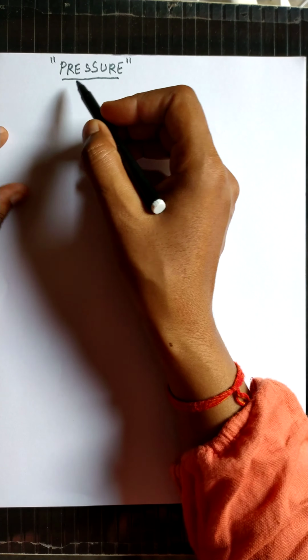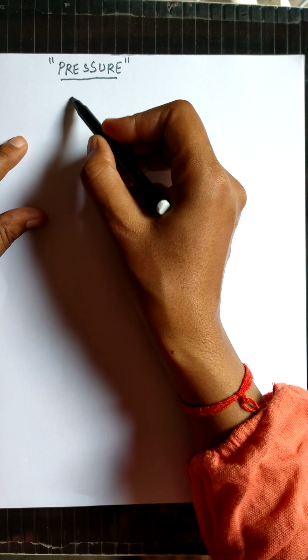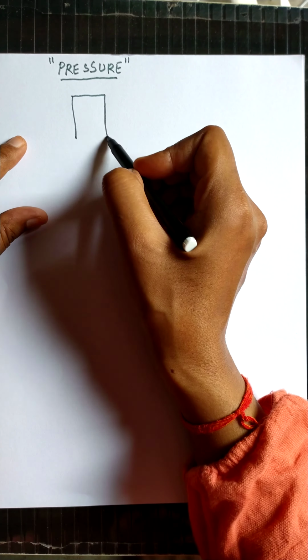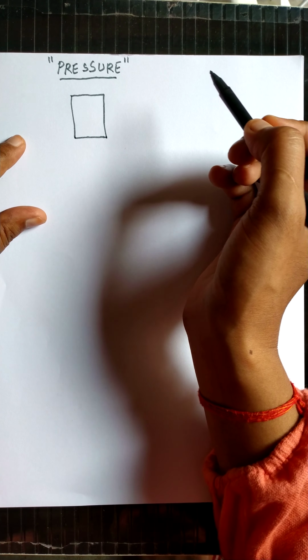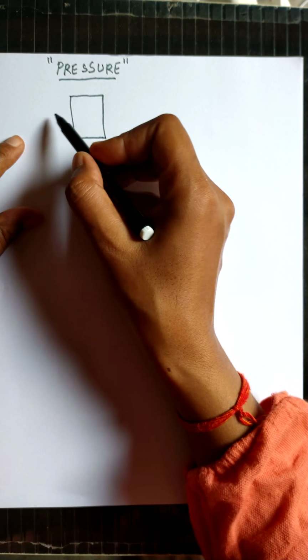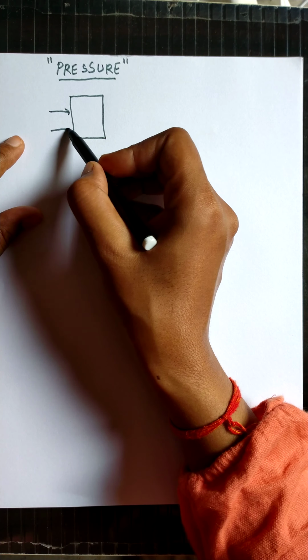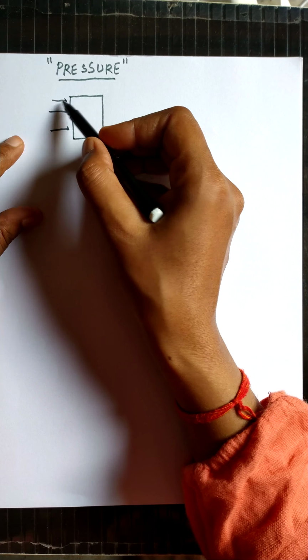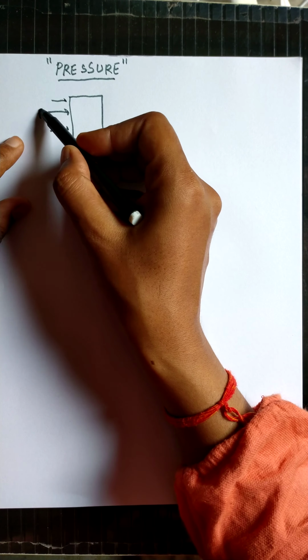What is pressure, students? Suppose this is a metallic plate, or a block, and we are going to apply force on each and every part of the block. This is the force.